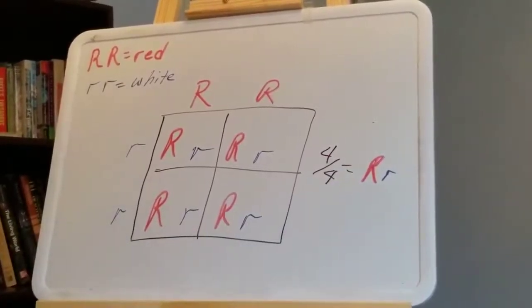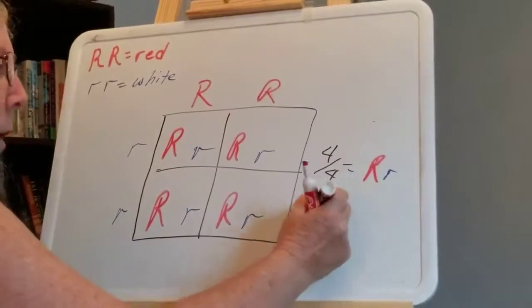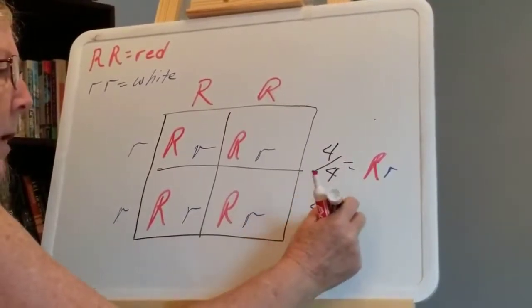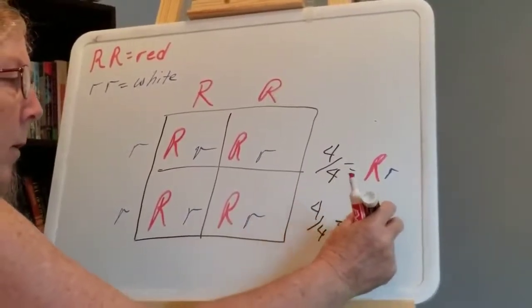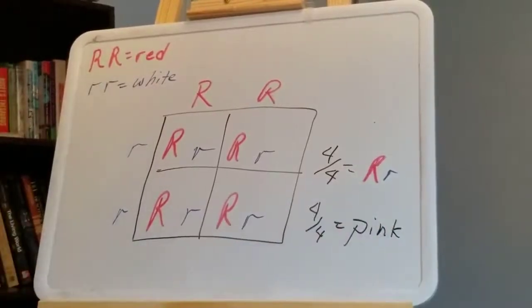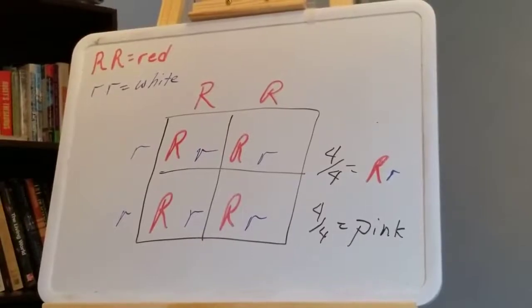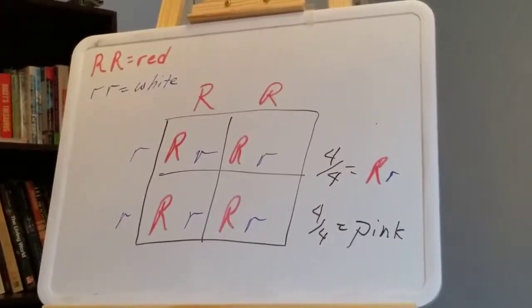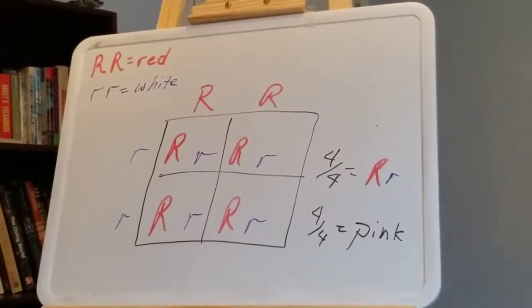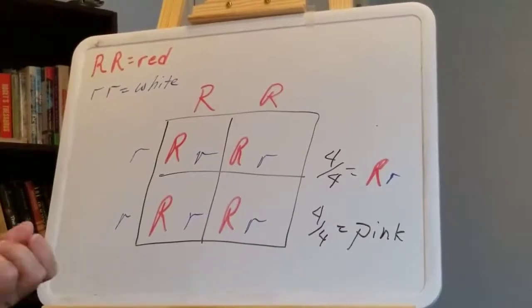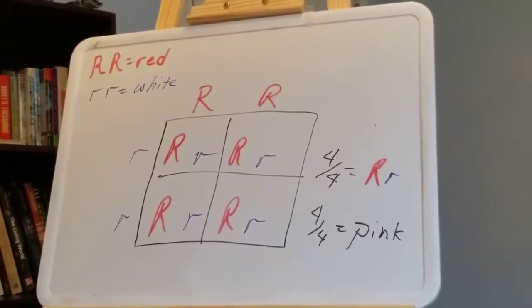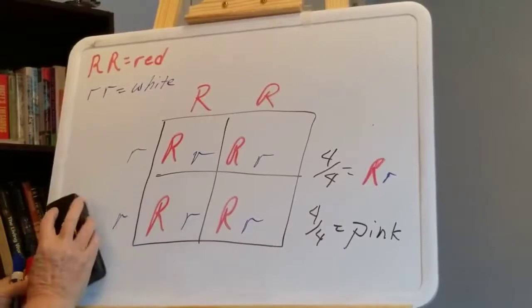In this case, the big R, little r, that is going to be pink. So that's an example of the incomplete dominance. I'd say the snapdragon flowers are probably the classic example that we use to show this.